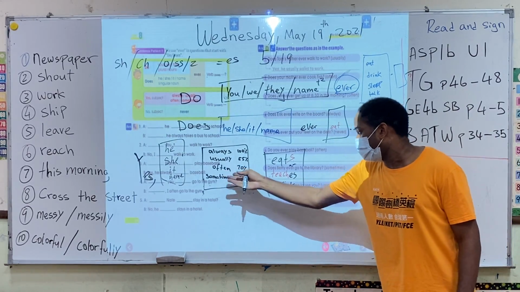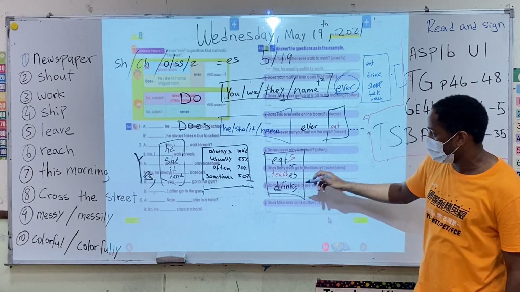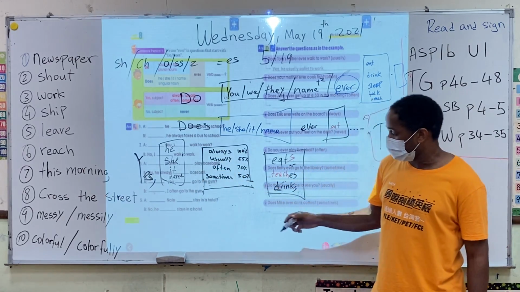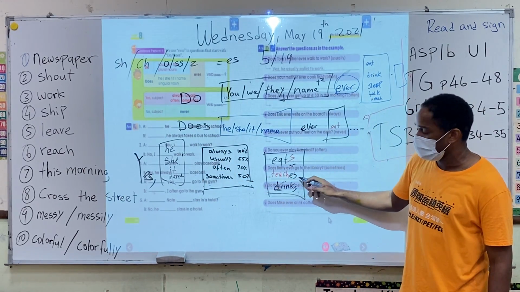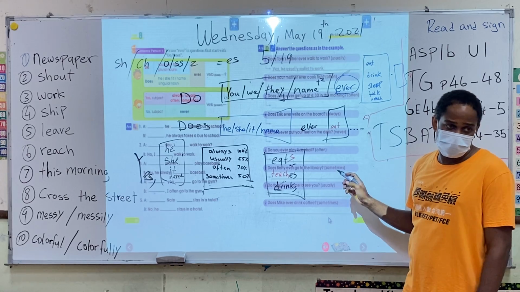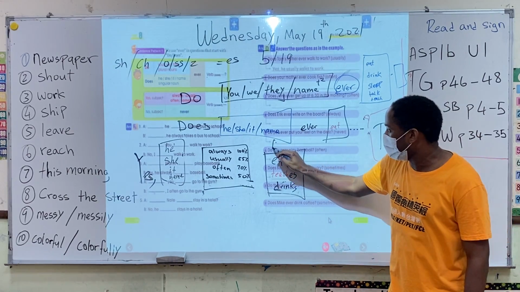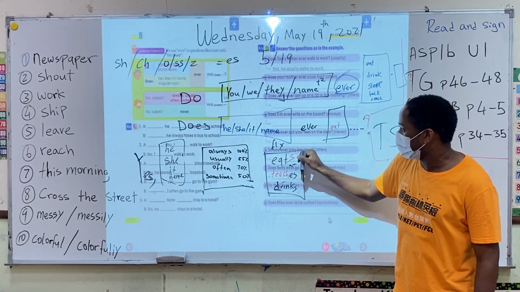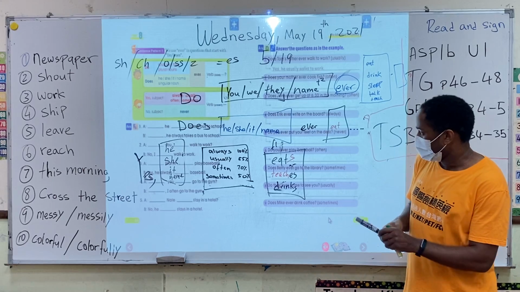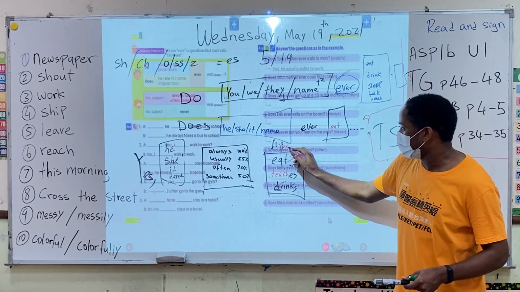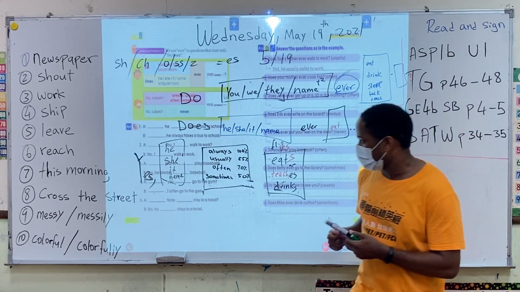So you can say it often drinks milk in the morning. So remember, he, she, it, name, singular have to have S, ES, or IES. For example, if it is fly, F-L-Y, you change the Y to I-E-S.